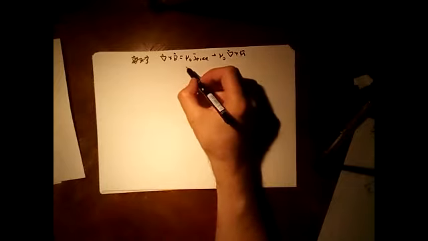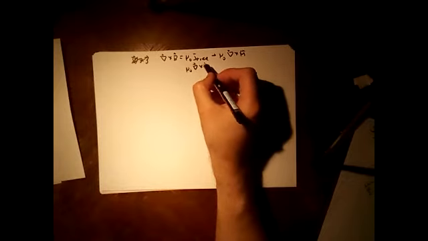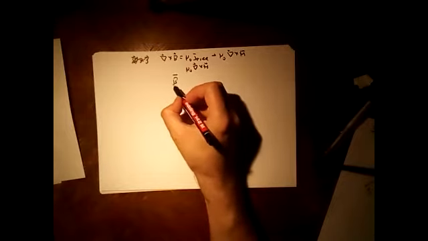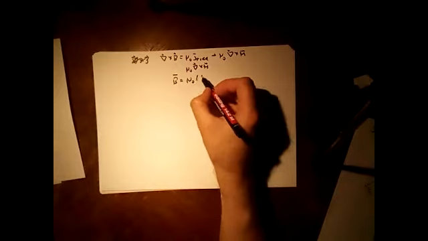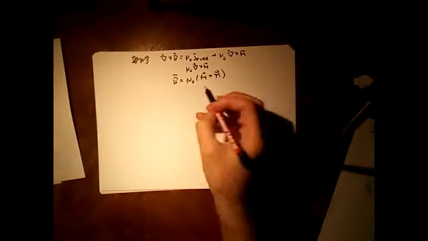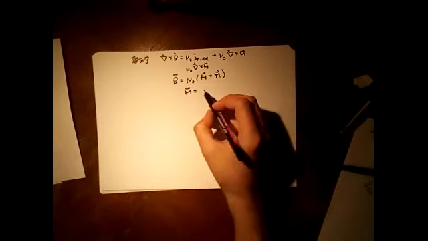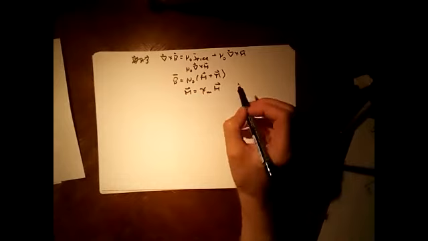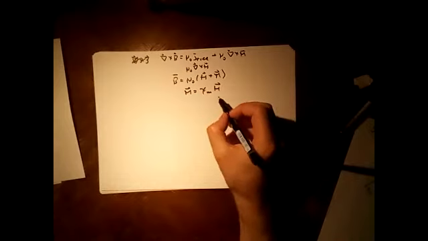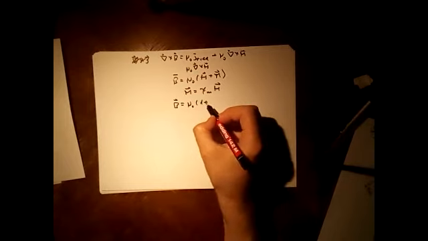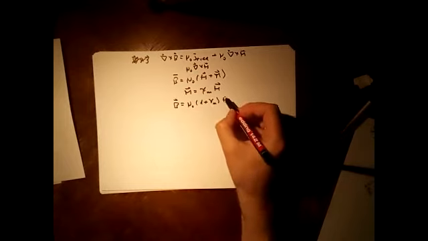And this whole part we can write as mu 0 curl of H. So what we have is that B is equal to mu 0 times H plus M, and M is equal to the susceptibility times H. So we can say that B is mu 0 times 1 plus chi m times H.